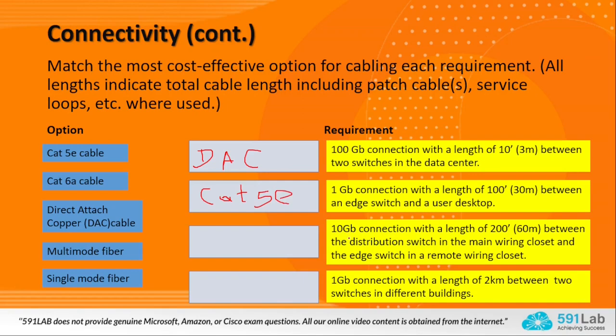Okay, next requirement is 10GB connection with a length of 200 feet between the distribution switch in the main wiring closet and the edge switch in a remote wiring closet. Okay, it's like a typical distribution layer to access layer downlink. So assume these are two distribution layer switches and you have access layer switch.